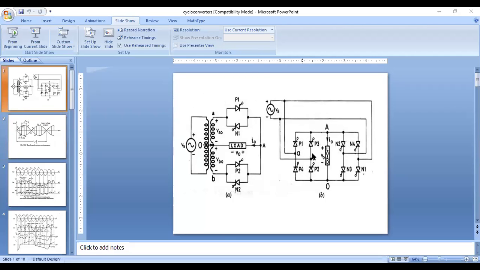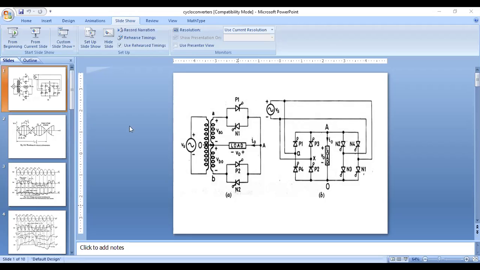This one I have not started. I have explained only this one. Later I will explain. First, if you understand this one, it is very simple. First, you explain this diagram and waveform. Later, I will go to this. Can anyone explain? If anybody wants to explain, you tell me.